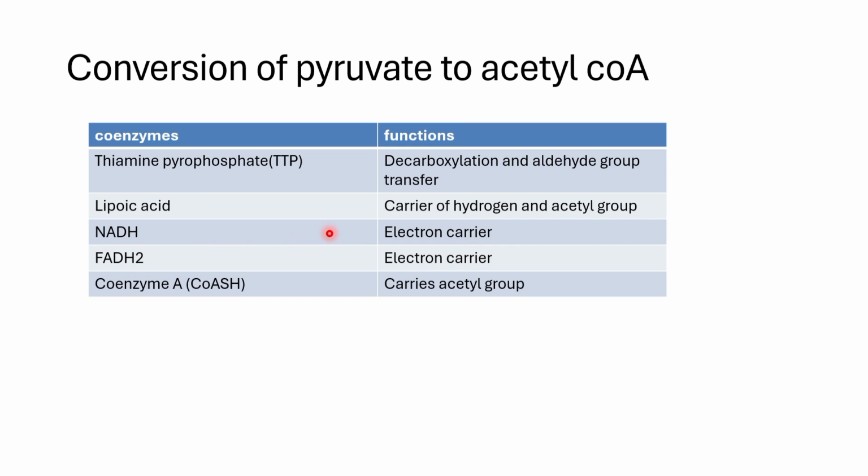This reducing equivalent coenzyme is converted into ATP in the process that we call the electron transport chain. In my previous video, we learned the processes of the electron transport.